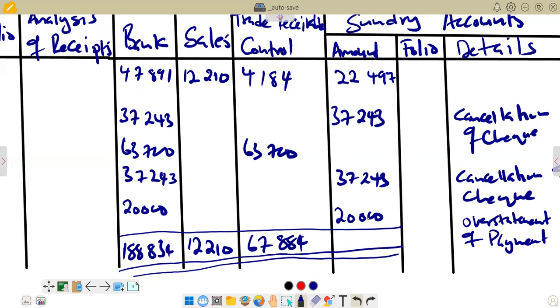Then if you go to the sundry accounts, under the amount column, let's see what you get.